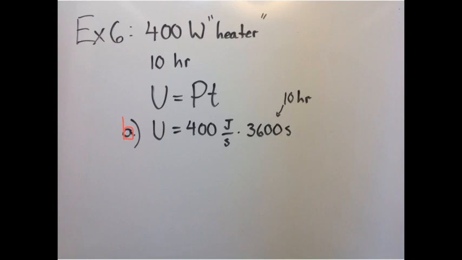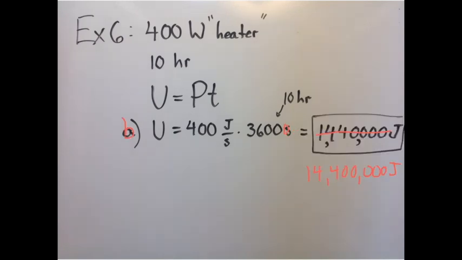So 400 watts, that's 400 joules per second, times 10 hours is not 3,600. That would be 1 hour. Had another 0 on there. Seconds. There we go. So 14,400,000 joules. Whew, that's a lot of joules.